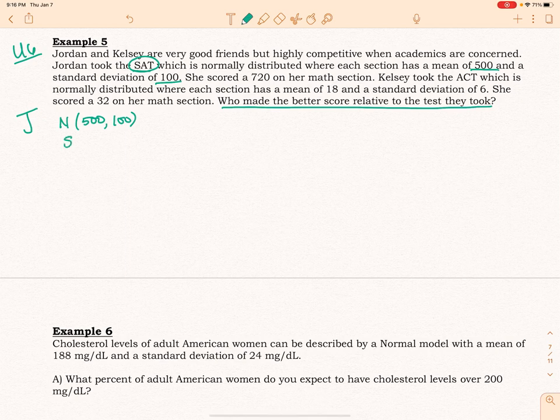Okay, so this is for the SAT. I'm just going to draw a picture to give me my bearings here. She made a 720 on her math section. So let's see how many standard deviations above the mean that would be. So I'm just going to calculate this.